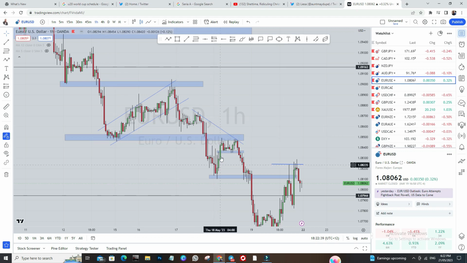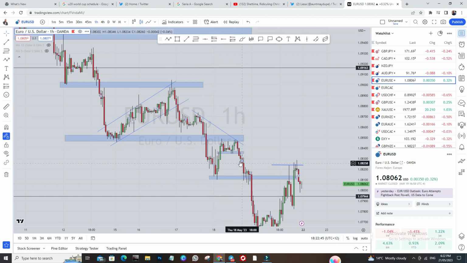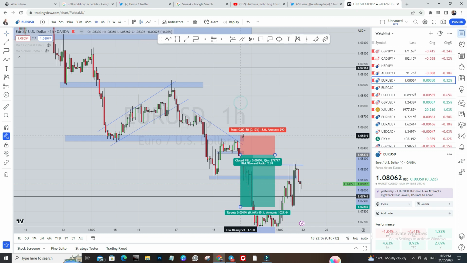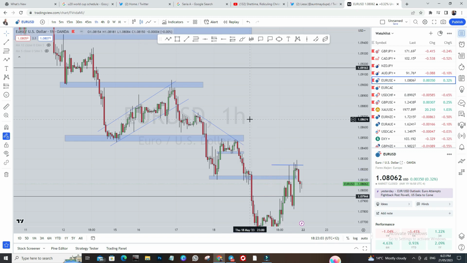Price came back, broke past it and came back again to retest it and started pushing downwards. When price started pushing downwards, then I took a sell from here at this point and was in profits. I think it's around this area. Yeah, something like that. So I was able to take a sell there.